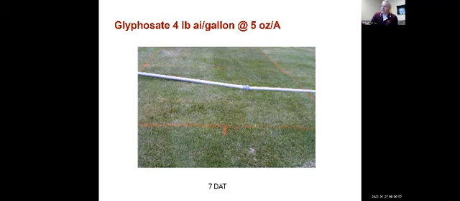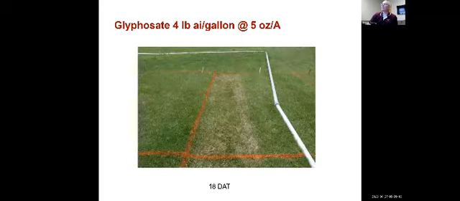All right, this next image, the plot is rotated. The image was taken at a 90-degree different angle, so it's a little bit easier to see what's happening. At 18 days after treatment, you can see exactly where the treated area is.